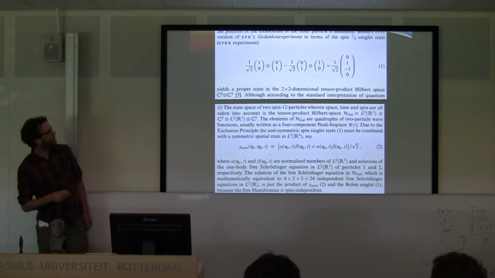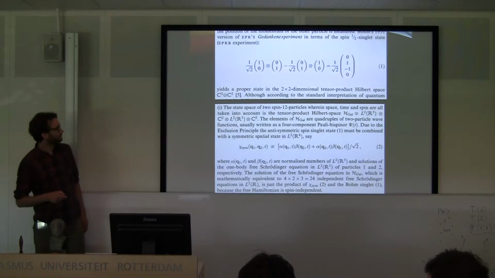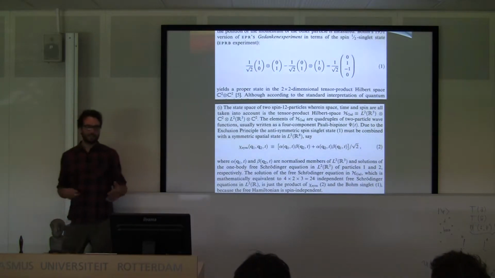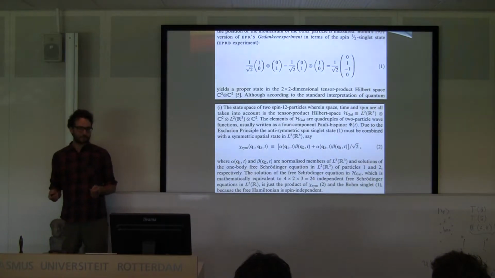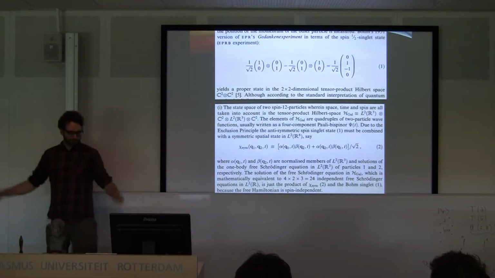It's a proper state in a 2 by 2 dimensional tensor product space, C2 tensor C2. This is the space for the spin degrees of freedom of two electrons. And this is the typical state that is discussed in the context of EPR experiments, where Alice measures one electron and Bob measures one electron.